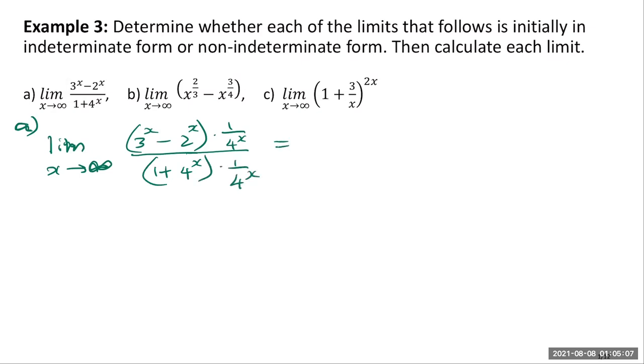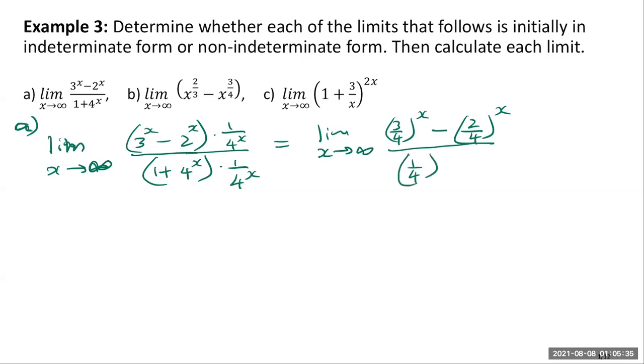And then let's simplify this a little bit. Then you get, as x approaches infinity, if you distribute this 1 over 4 to the power x inside the parentheses, you get 3 over 4 to the power x minus 2 over 4 to the power x, divided by 1 over 4 whole thing to the power x.